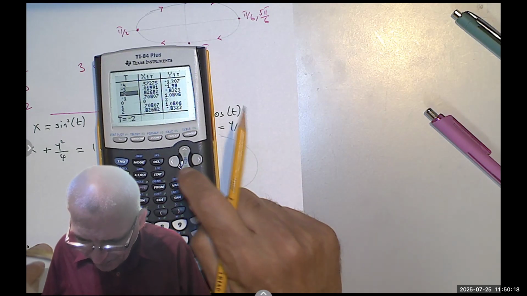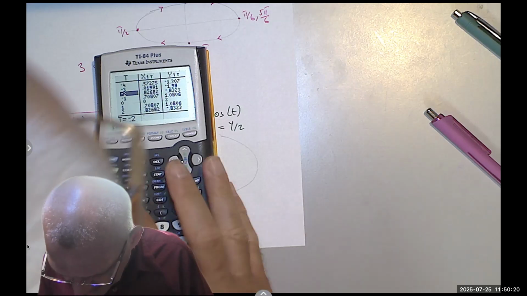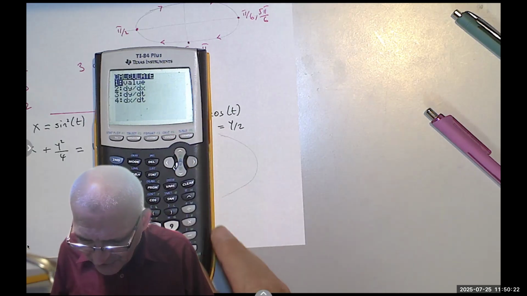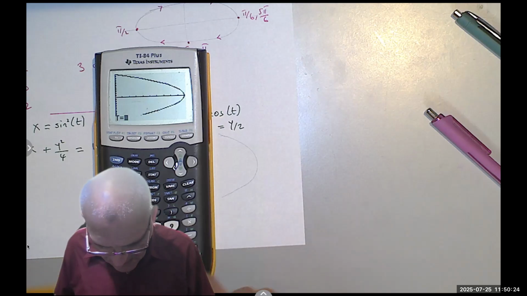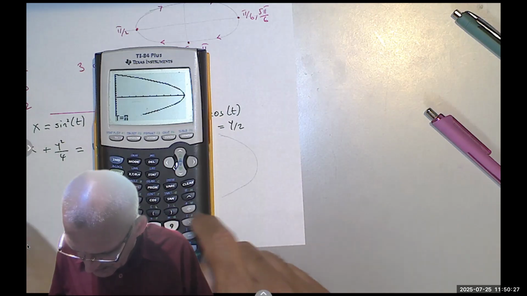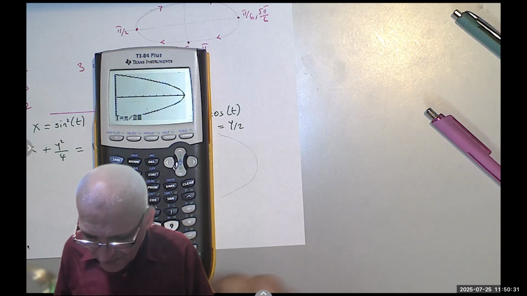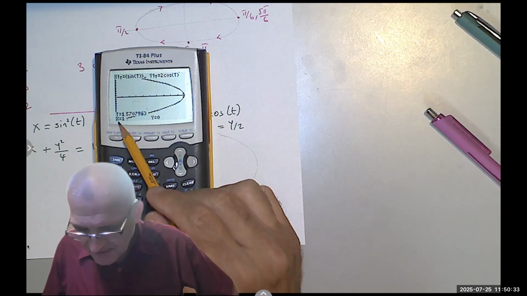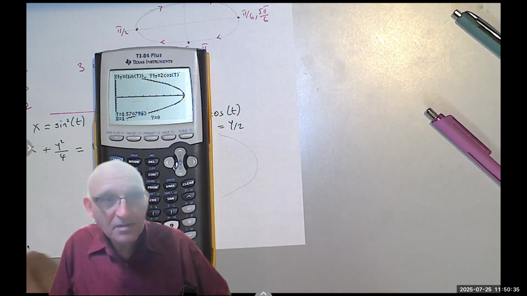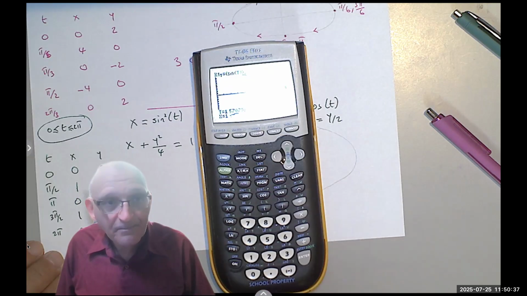And then we went to pi over 2. You can go and calculate a value when t was pi over 2. So it tells you x is 1, y is 0. And you can see that here.